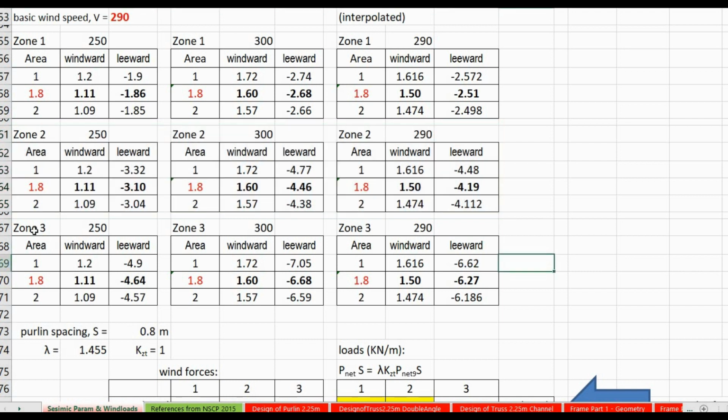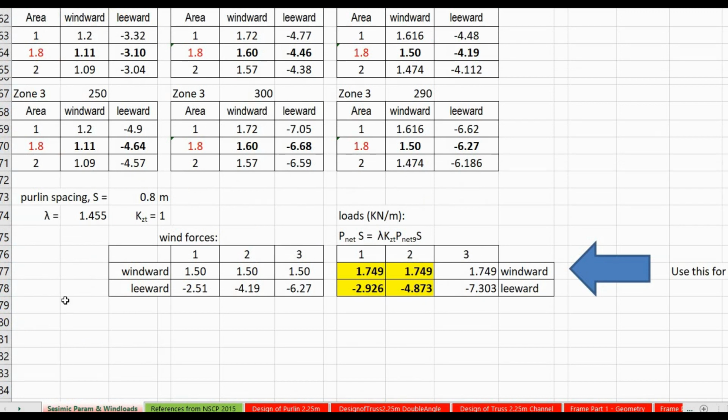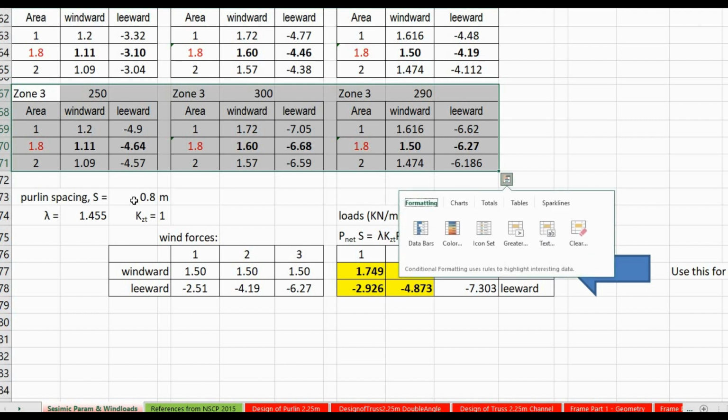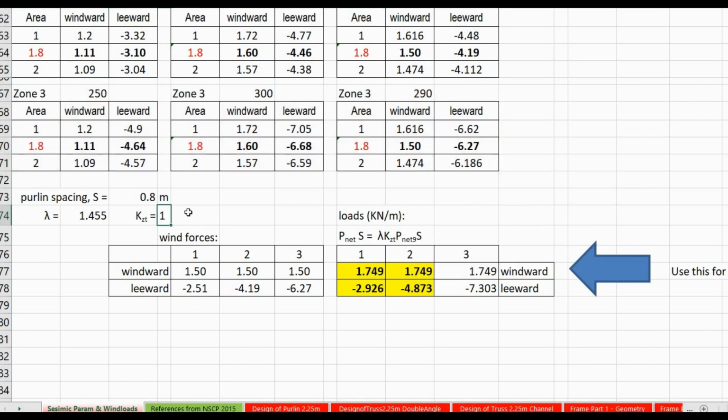You do the same procedure again for zone 3, and you get 1.5 and negative 6.27. Next, ang ating purlin spacing ay 0.8 meters. And then our adjustment factor is 1.455. And our KZT is 1.